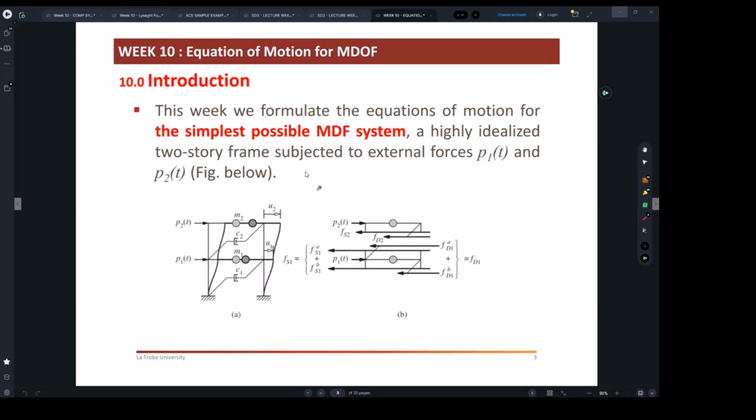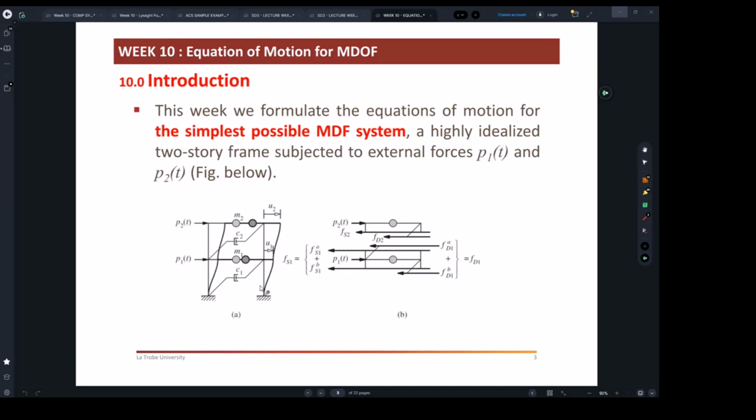Right. So, starting with multi-degree of freedom systems: whenever you have more than one independent mass required to form your structure, it is considered a multi-degree of freedom system.